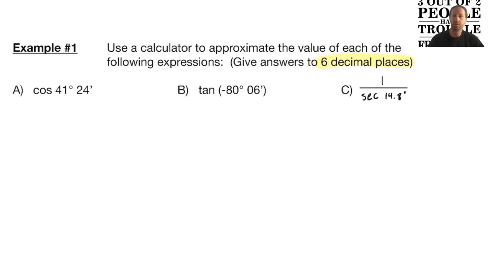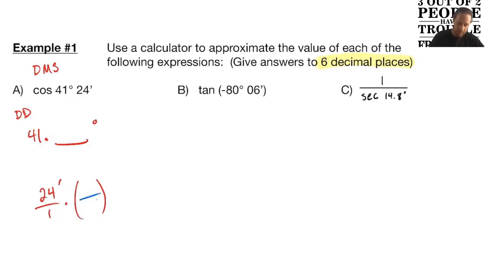If you know how to use your calculator, you can make sure it's in degrees, minutes, seconds, or if not, you can change it to decimal degrees and then evaluate it. So we're going to practice, once again, like we did early on in the beginning of this course, taking those 24 minutes and multiplying by that fancy 1. That fancy 1 is going to get rid of the minutes and change it to degrees.